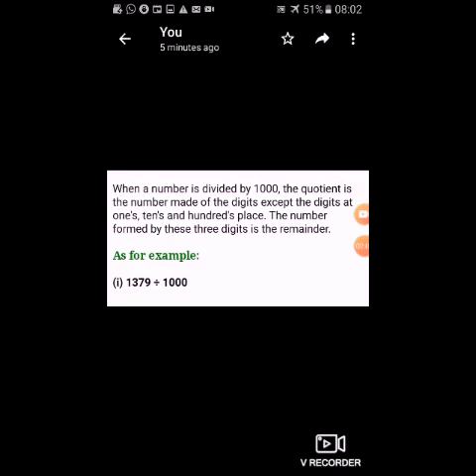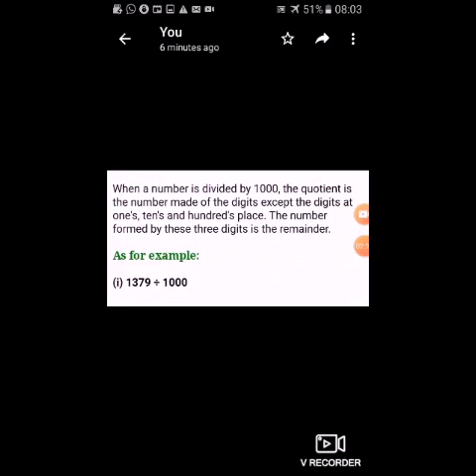So here 1379 divided by 1000. We are taking 379 as the remainder and the remaining 1 will be our quotient.